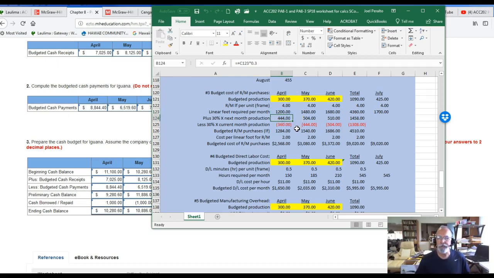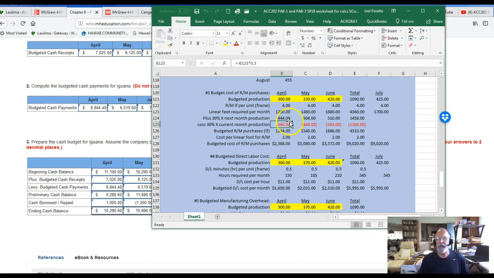And then we adjust for production inventory requirements. We add 30% of next month's production, and we subtract 30% of this month's production, essentially our beginning inventory, and the 444 is our ending inventory.